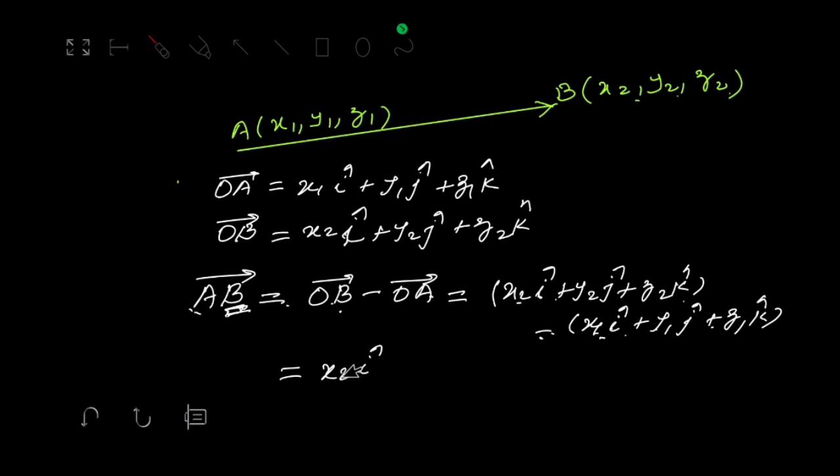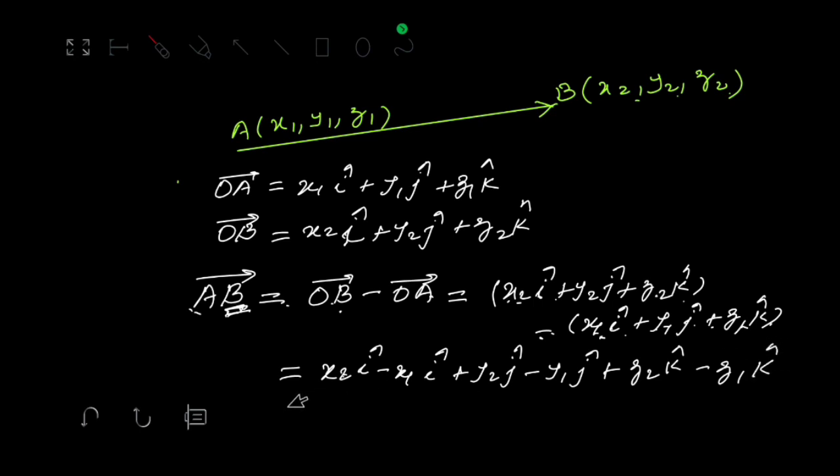So x2 i cap, minus x1 i cap, then plus y2 j cap, minus y1 j cap. And finally, the third component of the first vector, that is z2 k cap, is grouped with minus z1 k cap.